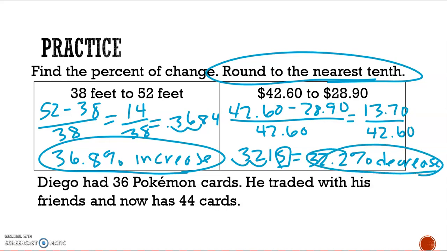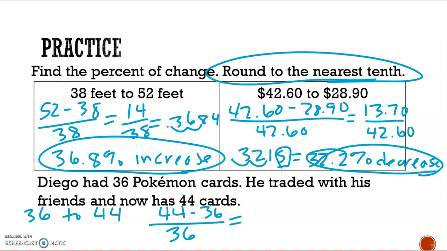All right, last one. Diego had 36 Pokemon cards, he traded with his friends, and now has 44. So he went from 36 to 44. So that means when I do my subtraction, 44 minus 36, but the 36 is going to go on bottom because that is what happened first. He used to have 36, but now he has 44.